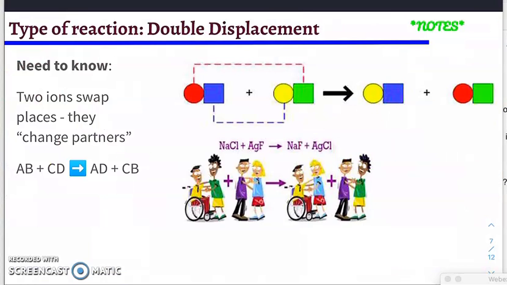All right, double displacement. This is when two ions switch places, or if you're dancing, you're switching partners, or you are on a double date and you switch dates. So here we got a red and a blue together.